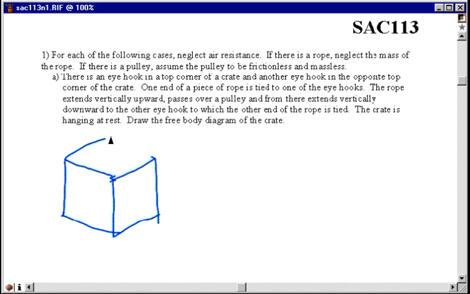I'm going to draw a sketch first, and then we'll go for the free body diagram. So we'll go ahead and put the eye hooks in there, one right there, one right there. Consider them to be part of the crate.